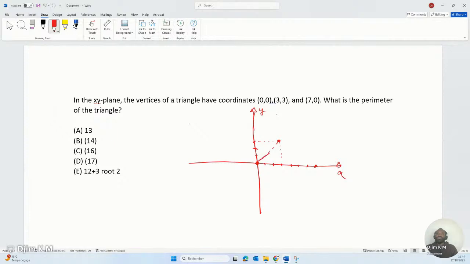So we have this triangle here. What is the perimeter of the triangle?